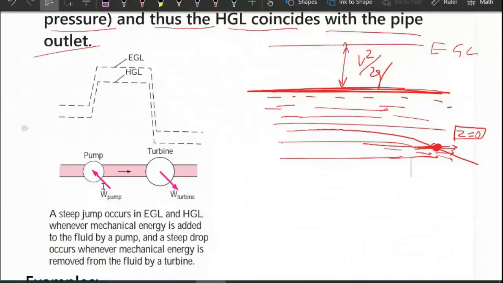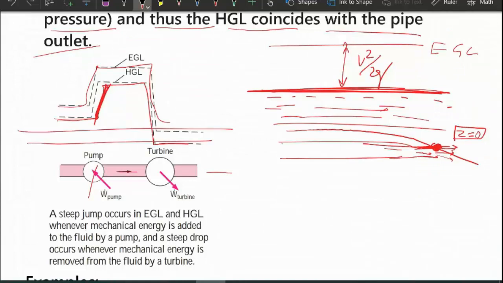So if you have water that is flowing like this, and this is your hydraulic grade line, and this is your energy grade line, if you put a pump in this, there is a jump in the grade line. If you don't have a pump or turbine, both will be like this. Energy grade line and hydraulic grade line will be something like this.